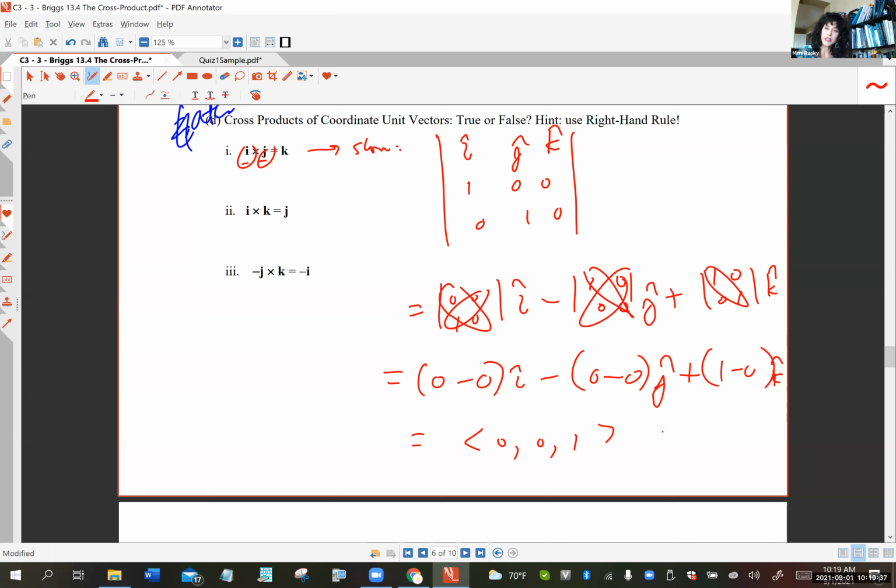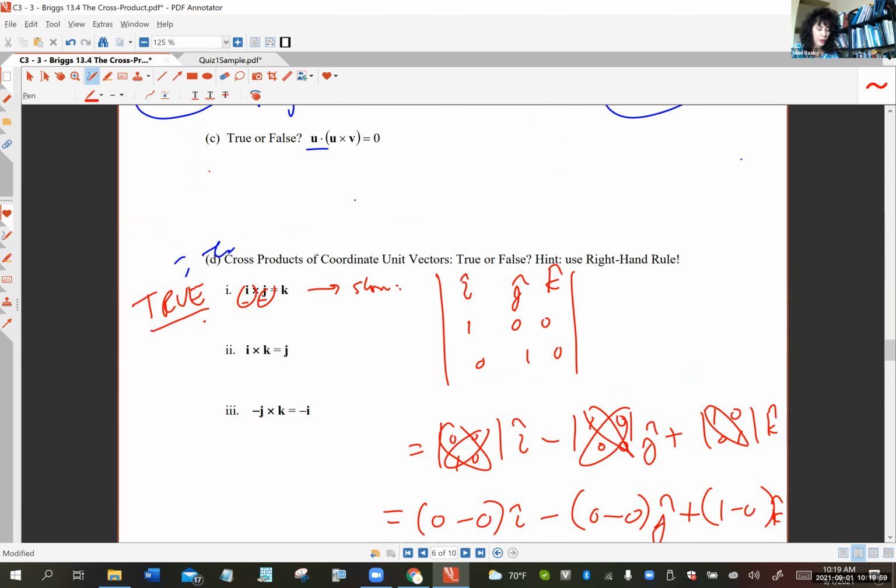Is that the same as k? So is this first thing true or false? It's true. Very good. Because 0, 0, 1 is indeed the component form for k hat. So the answer for i here is true. That's a true statement.